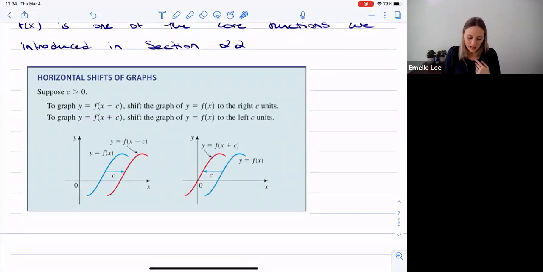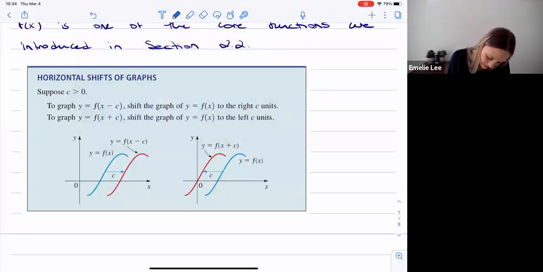If I have x minus c, it actually shifts the graph to the right c units. And to me, that's counterintuitive. If that makes sense to you, then that's great. But for me, I have to remember it as the opposite of what I want it to do. And so notice that the manipulation here is on the x, not the f of x.